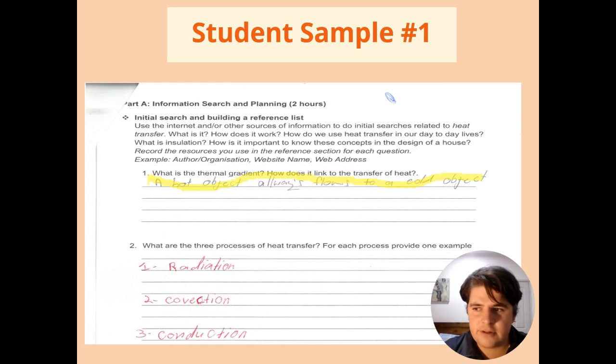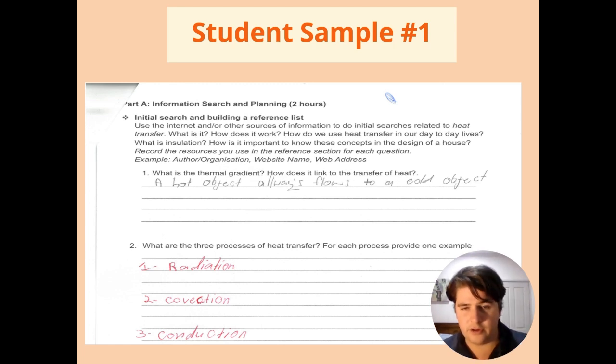Now that demonstrates to me that they're able to recall some of the knowledge that was learned in previous lessons relating to the thermal gradient, but it is not presented in a way that I can clearly see that the student has demonstrated their knowledge. So that would need to be reworded, because a hot object does not flow to a cold object. It is the heat energy that transfers from a hot object to a colder object.